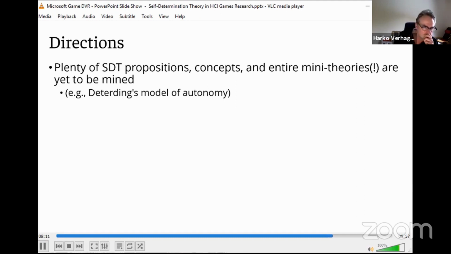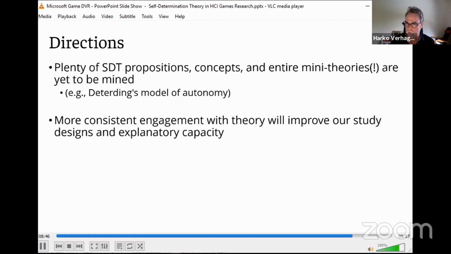For example, one of the 2 generative papers that we found in our review is Dan Ding's paper about contextual autonomy and satisfaction. He proposes a model that's interesting and has yet to see real validation, further testing, or elaboration from other people. So there's plenty of opportunities to do that kind of work.